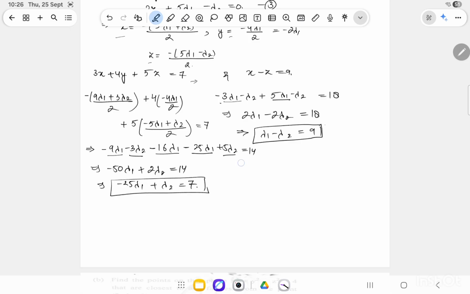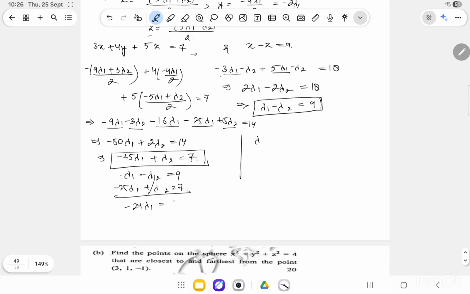Now if I just solve these two relations, lambda 1 minus lambda 2 equals 9 and minus 25 lambda 1 plus lambda 2 equals 7, from there I'll get minus 24 lambda 1 equals 16. That basically gives me lambda 1 as minus 2 by 3. And if this is lambda 1, then lambda 2 will be lambda 1 minus 9. That is minus 2 by 3 minus 9.